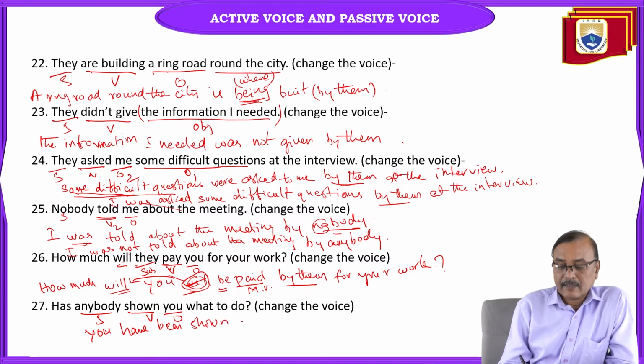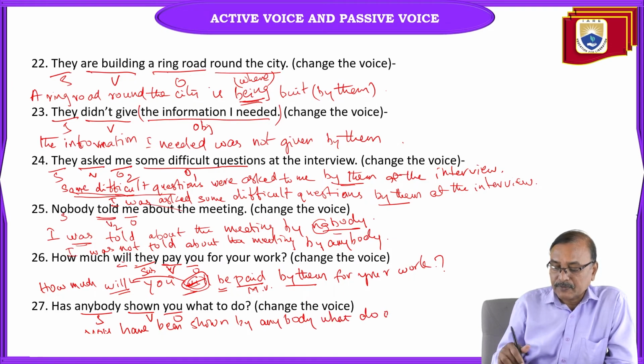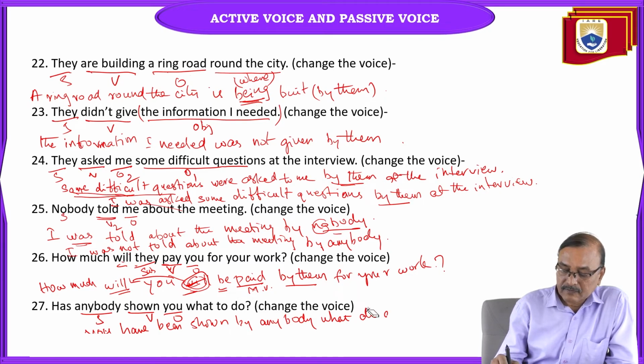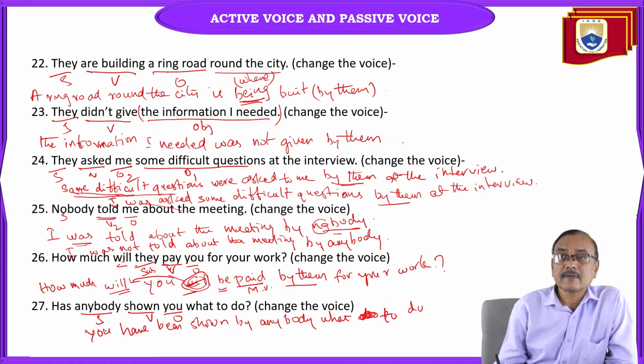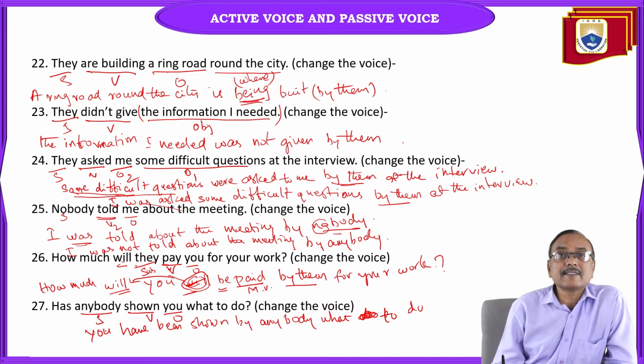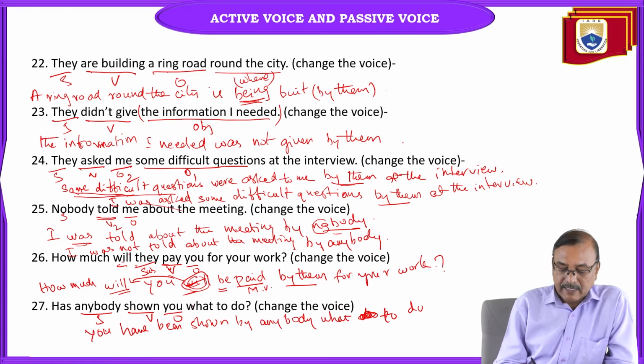By anybody. What to do? What to do is wrong. Okay, let me write it. What to do. Here again, it's a question. Here instead of has been, I'm using have been.